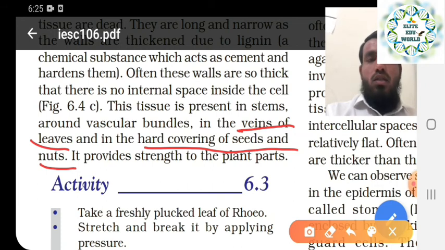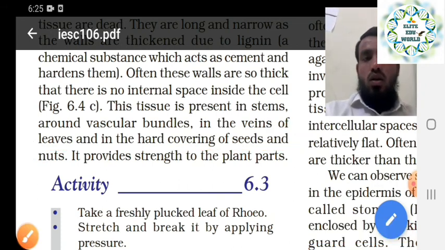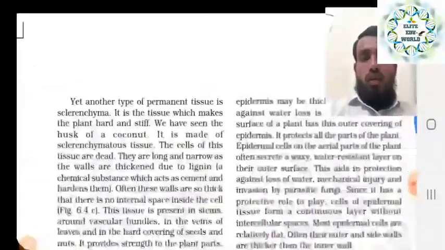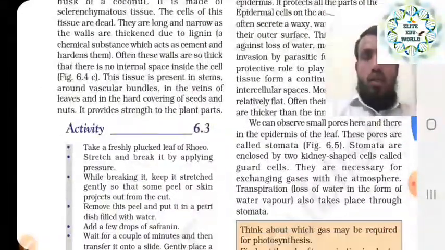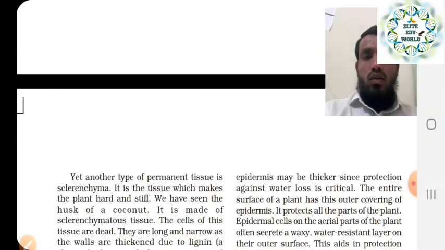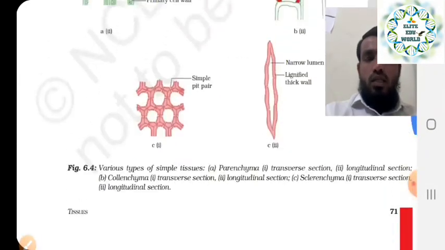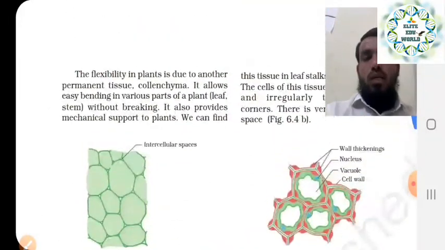So this is the third type of simple permanent tissue we have seen. It provides strength to different parts of the plant. So here we will stop in this lecture, and the next part will start in our next lecture. Up to here we have seen the types of simple permanent tissue, right?